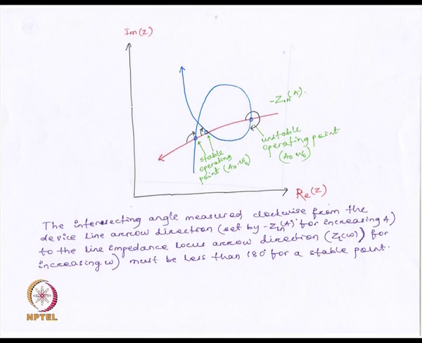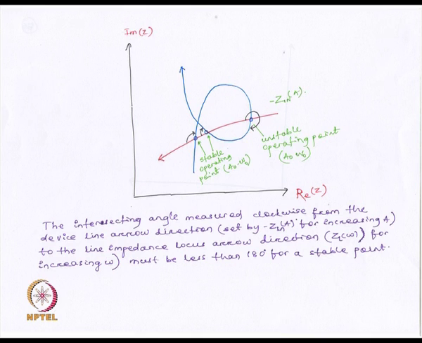Now the points where these two meet, that is the points where ZL is equal to minus Z in of A, are the potential oscillation points. But even though they are potential oscillation points, we are not sure whether they are stable oscillation points or not.